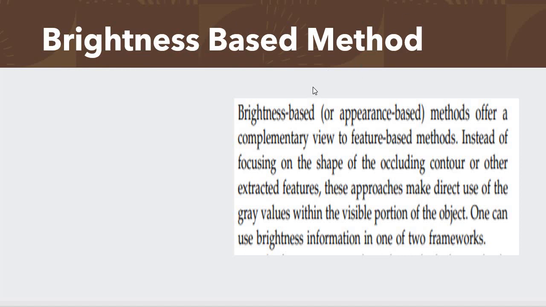The next one is the brightness based method. The brightness or appearance method offers a complementary view to the feature based method. Instead of focusing on the shape of the occluding contour or other extracted features, these approaches make direct use of the gray value within the visible portion of the object. Here in brightness we are talking about the intensity value, the gray value of the object.